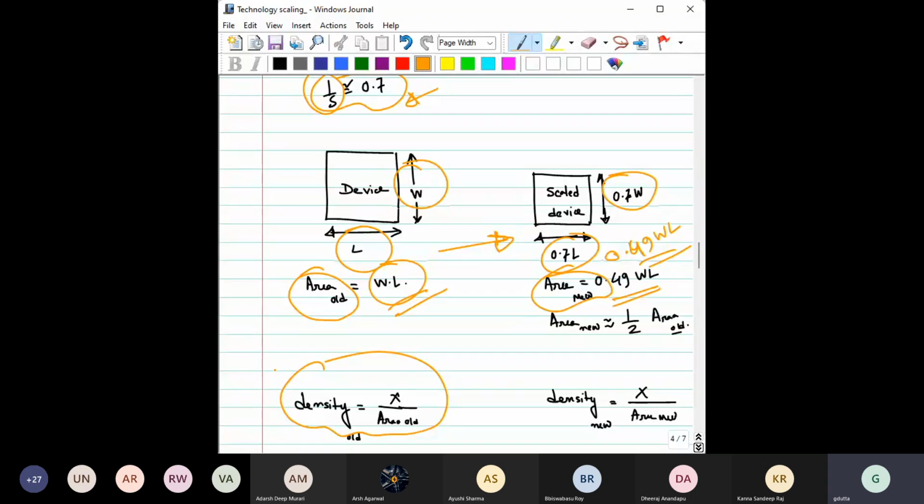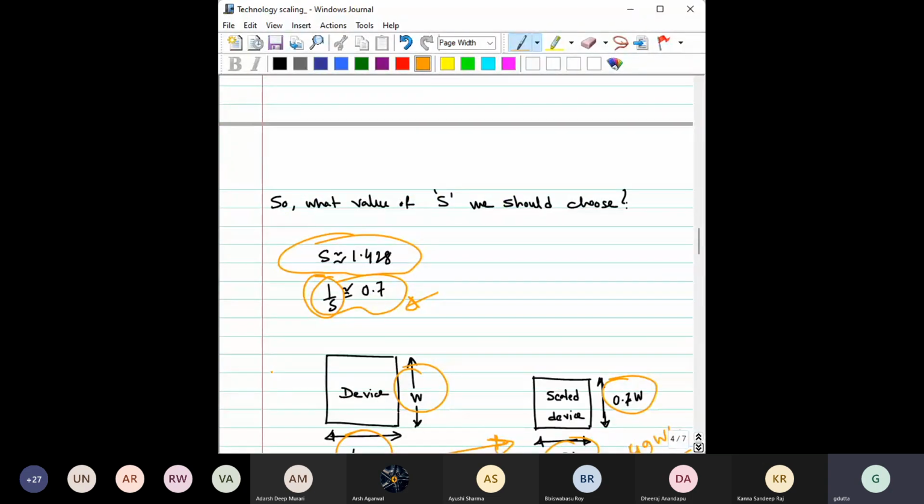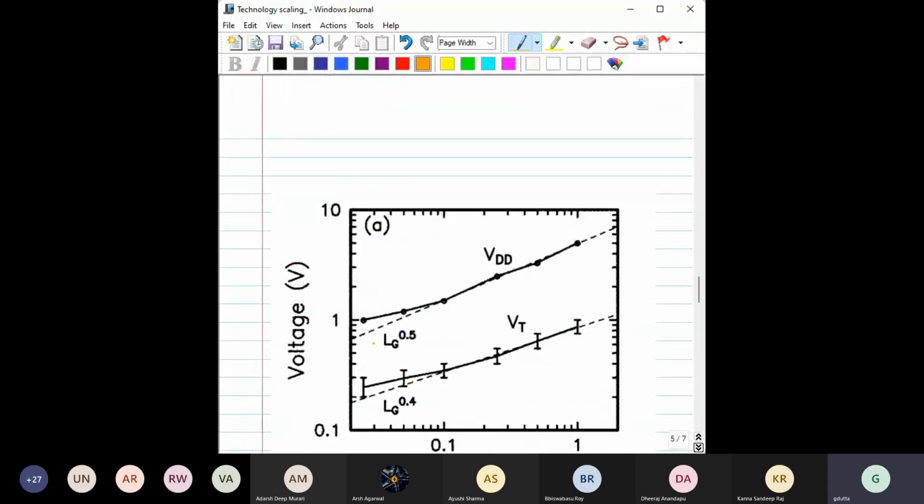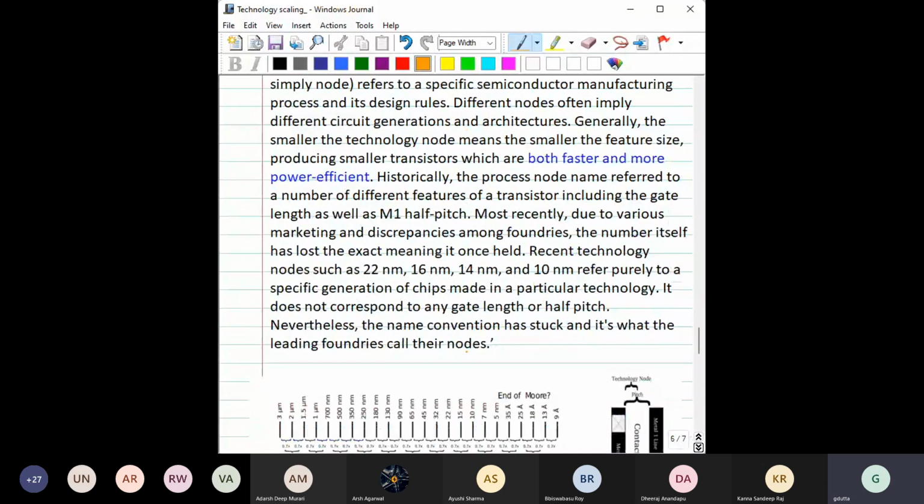Now, in industry, this factor that 1/s is equal to 0.7 has been considered for a very, very long time, because from one generation to the next generation, the number of devices in a chip actually doubles. Let me give you another perspective from here. We will come to this later on.